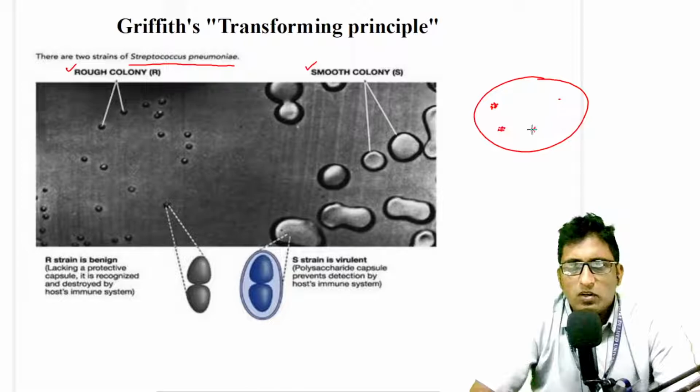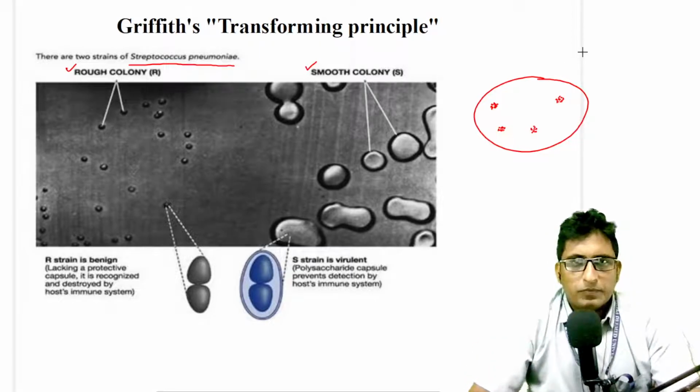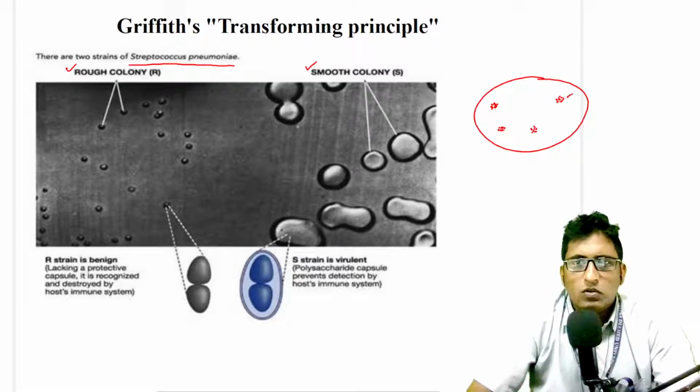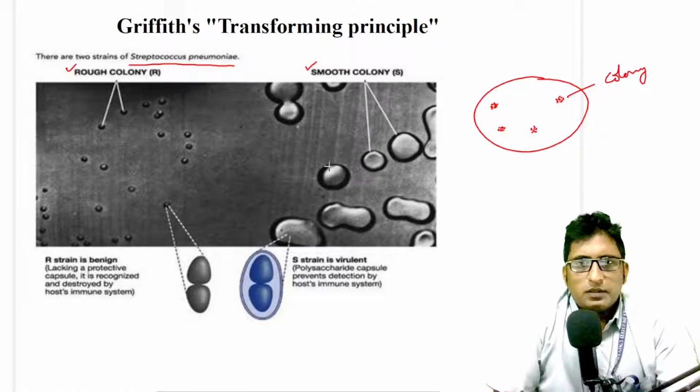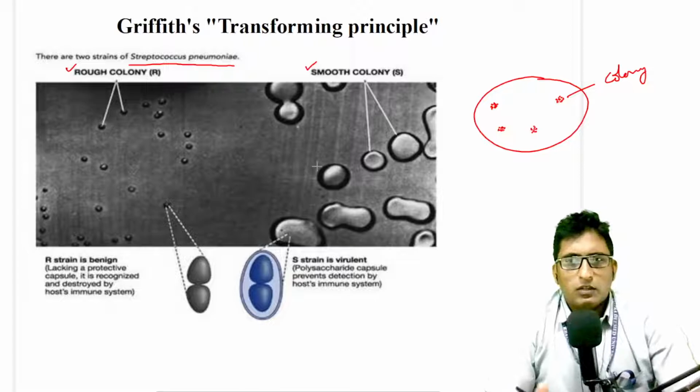That is called a colony because each of them is dividing by binary fission. One is a copy, identical in features and morphology to the other, and that is called one colony. If we observe these strains, they differ in the way the colony looks.